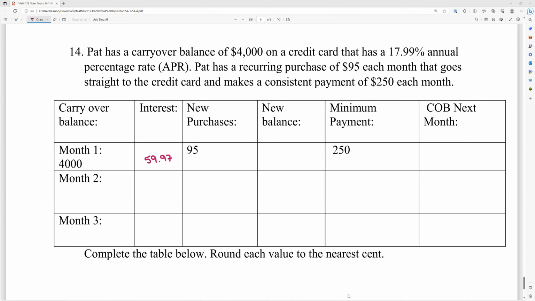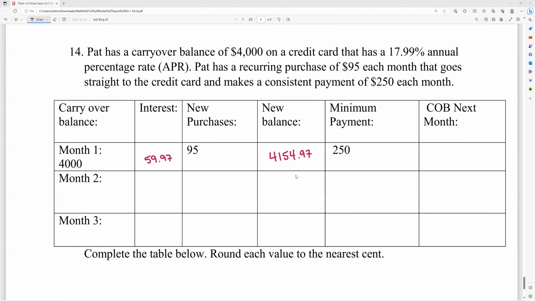So we're going to add the bill that they carried over, the $4,000, plus the interest they get charged from the credit card company, plus they're charging an additional $95 on their own to their card. So that makes this new balance 4154.97.